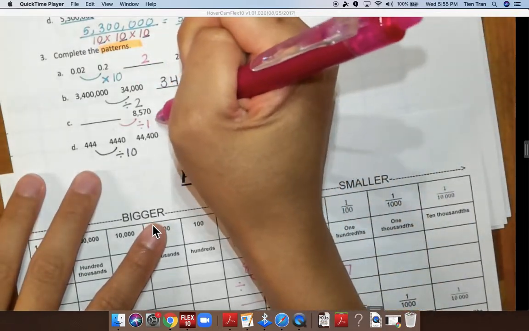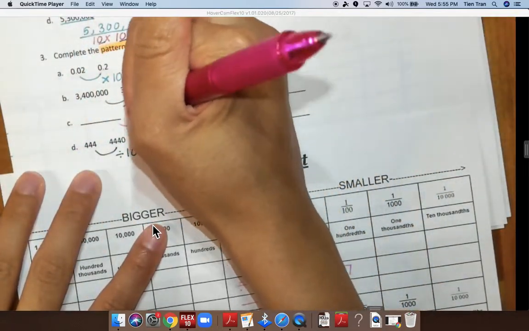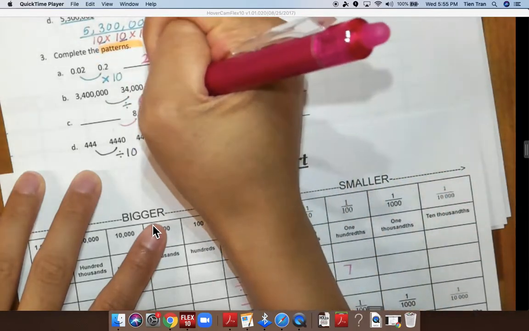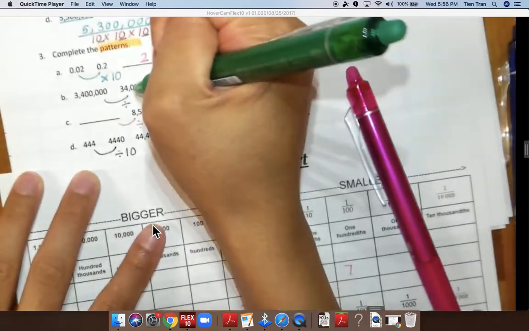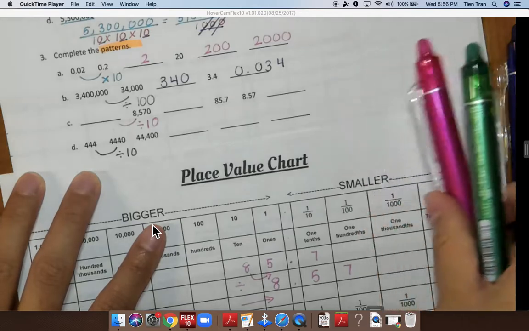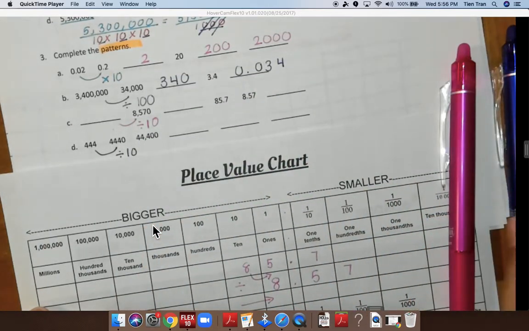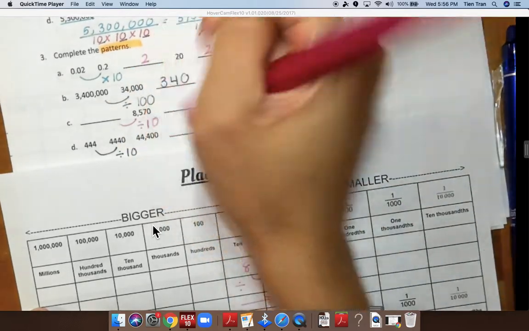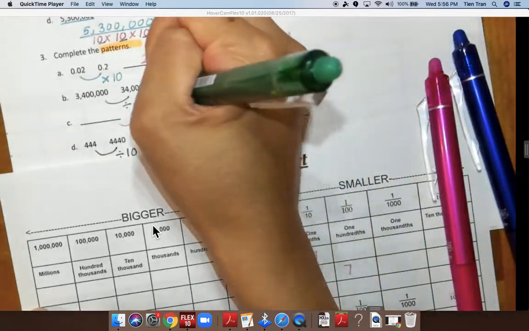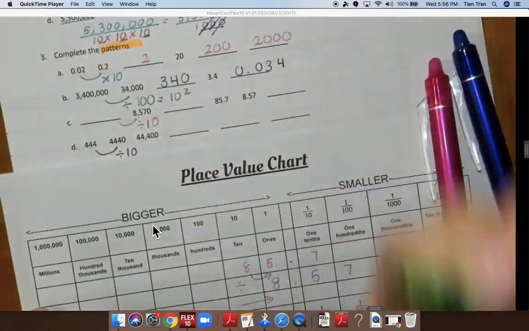I noticed that I didn't put 100 for this one. You're dividing by 100. This one you're dividing by 10. Or you can also say, this one you can say 10 to the power of 2, if that makes more sense to you. Okay?